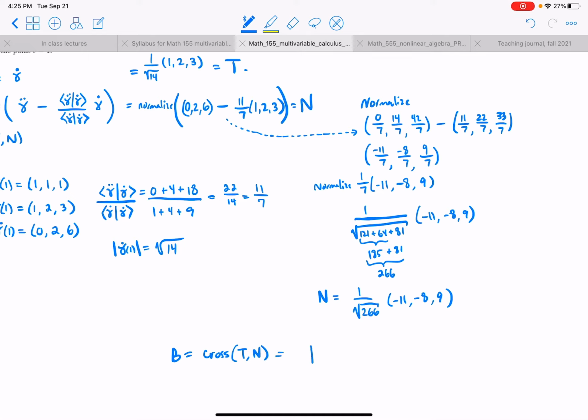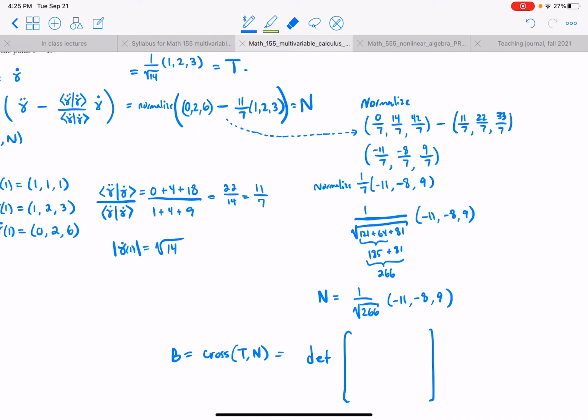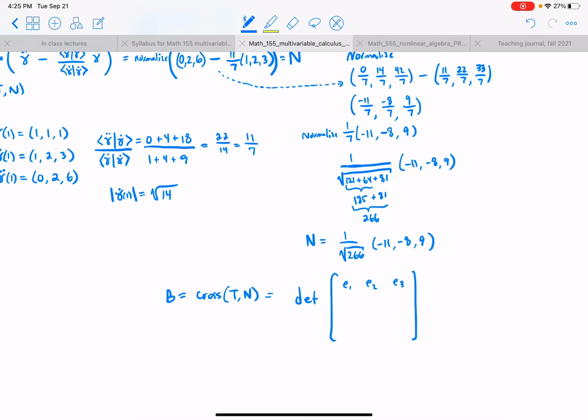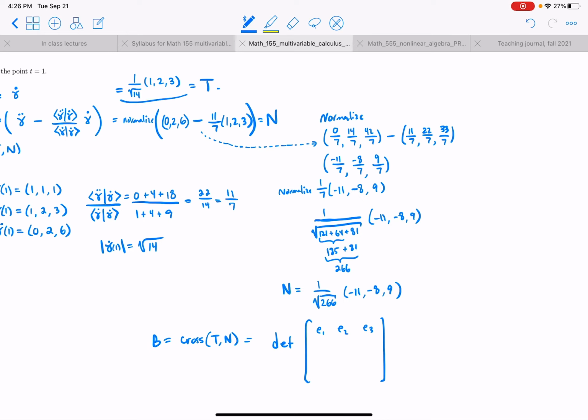So what is this? This is equal to the determinant of the matrix who has E1, I hat, I could put I hat, J hat, K hat in this matrix. Or I actually prefer to put the unit vectors E1, E2, E3. But this is just symbols, it's just naming those vectors, so it's okay. And now t goes here. Just remember t is up here, 1 over square root of 14.